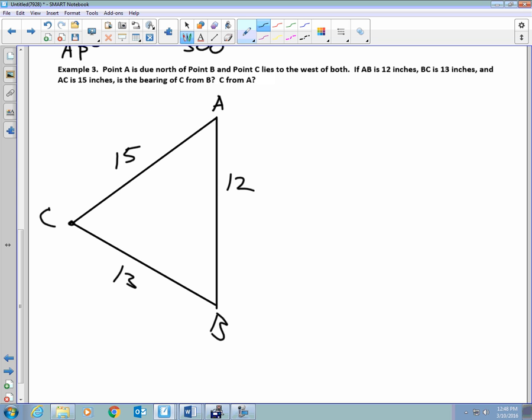The question is, and I apologize, I will not word those like that. I'll say B to C and A to C. Okay? I'll phrase it like that. So I want to know a bearing. Well, in order to know a bearing, I should really figure out angle B and angle A, correct?